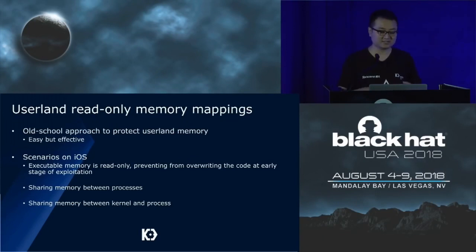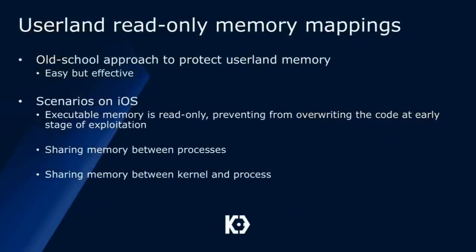The first one is, for example, that executable memory in iOS is only read-only, to prevent attackers from overwriting the code at the very early stage of the exploitation. Along with some other mitigations like code signing enforcement, this has made iOS very strong in security.